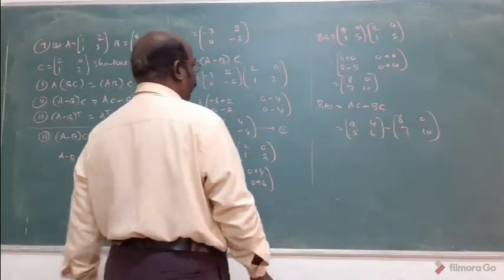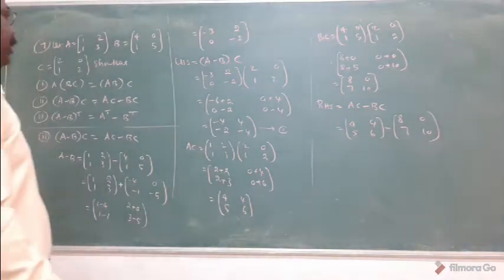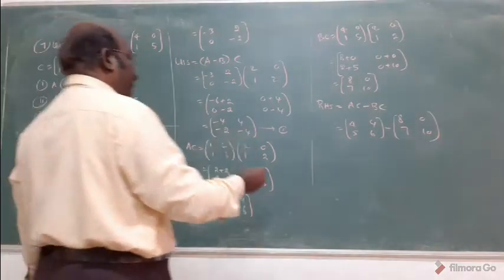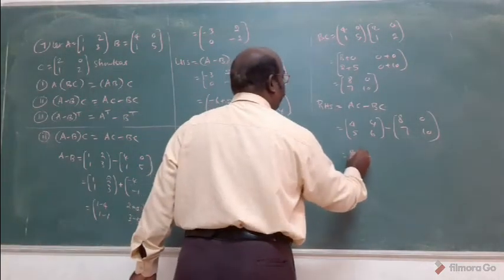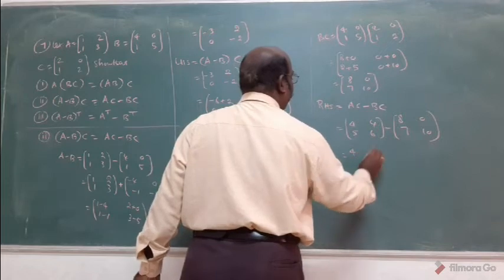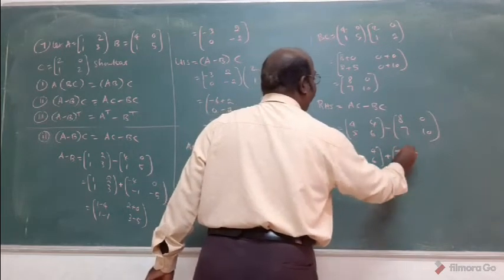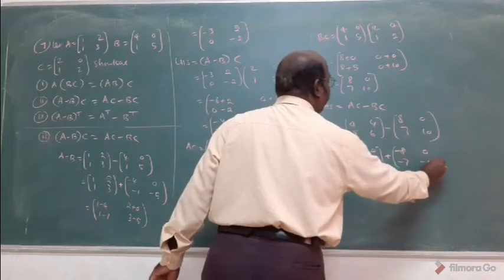Now subtract both. 4, 4, 5, 6 plus minus 8, 0, minus 7, minus 10.